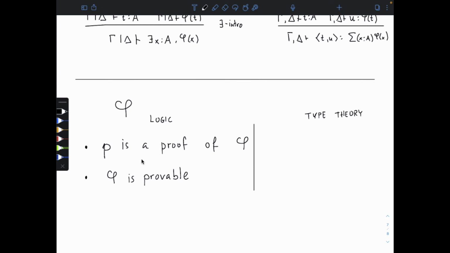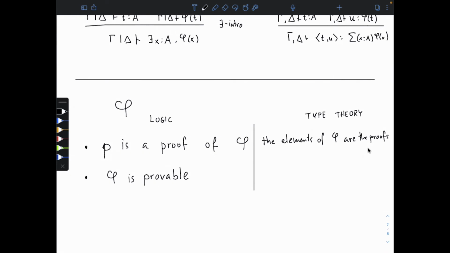And as we said before, to say that P is a proof of phi led us to the idea to say that the elements of phi are the proofs. So if you subscribe to this first line, then you are really studying proofs.